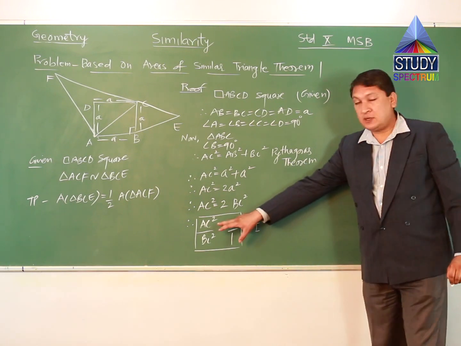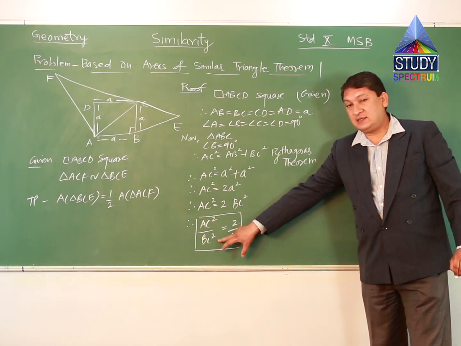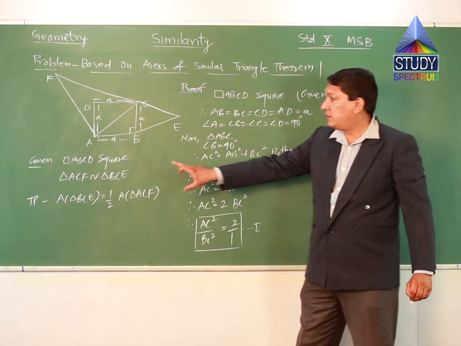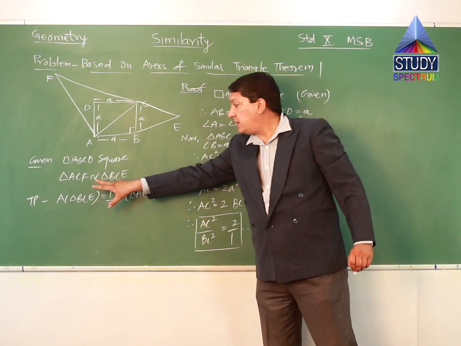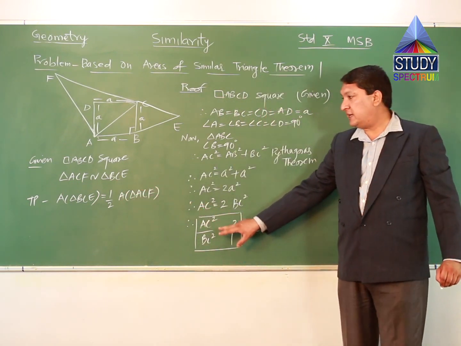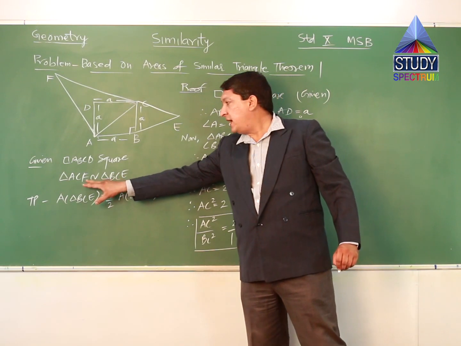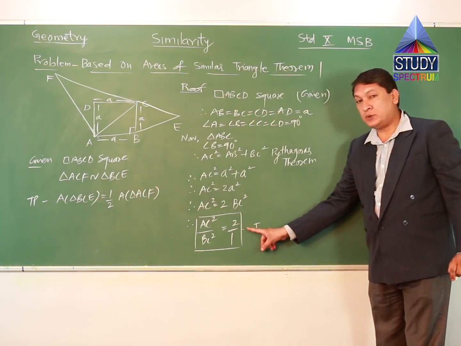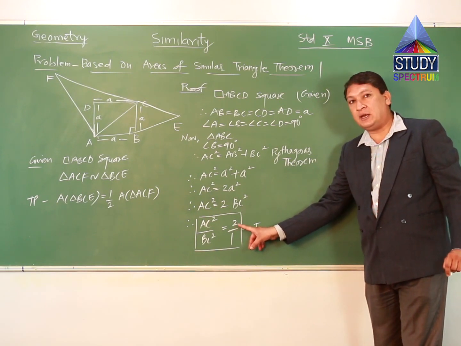So we have established a relation between two sides. If you observe, AC and BC are the sides of triangle ACF and triangle BCE. So this was the objective of establishing a relation between the sides.